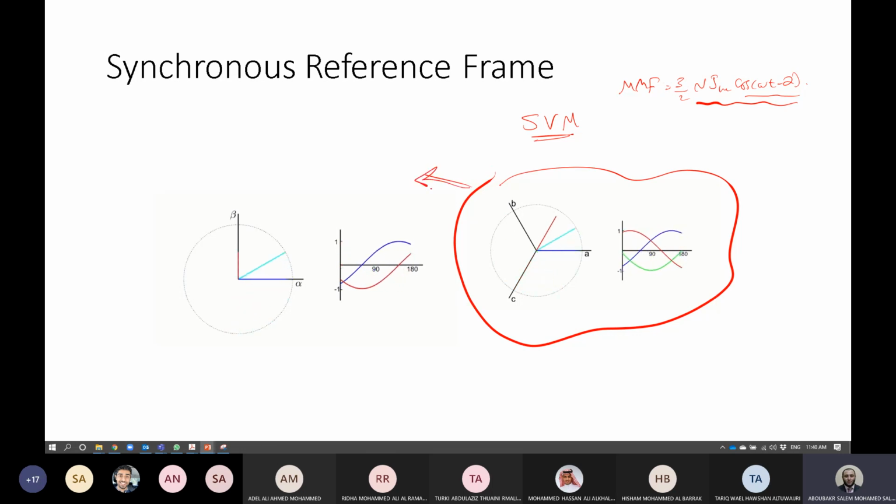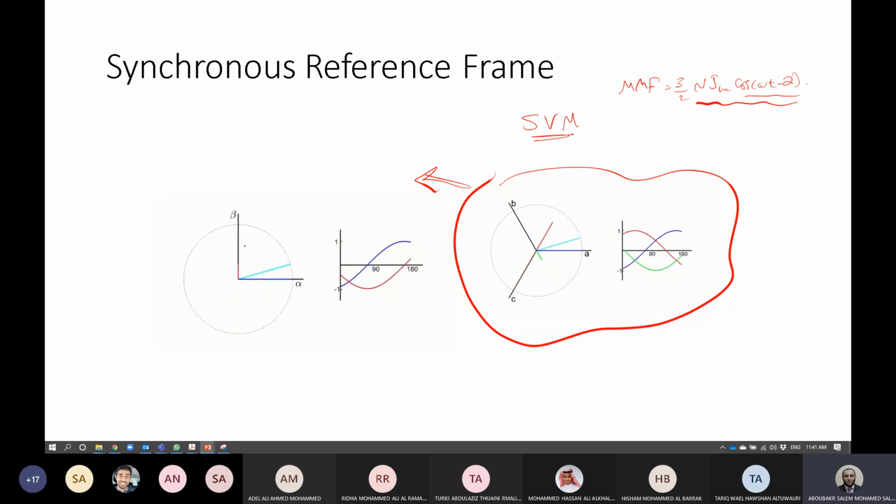Now let's convert these three phases into alpha beta. You will find that VA is moving across alpha like that. And VB will be analyzed across beta like that. And VC will be also, not B and C. And VA will be identical to phase A because it's in phase. However, beta, in terms of VA, will be 0 all of the time. So the component of VA projection on beta will be 0.